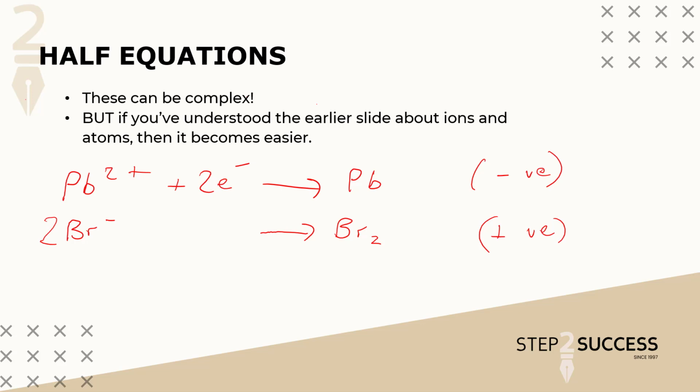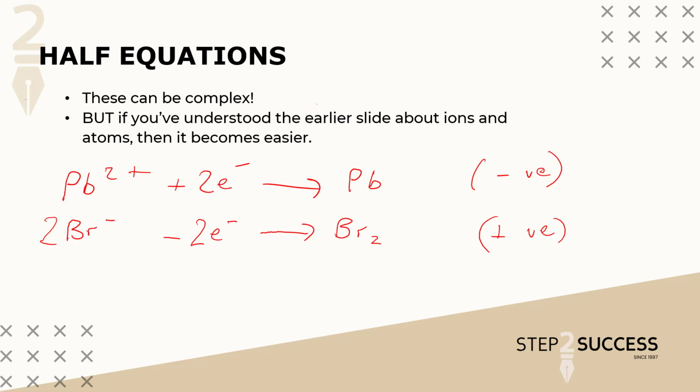Now, how does a single bromine ion go back to being bromine? How did bromine become a bromine ion in the first place? It gained an electron. So now it needs to lose that electron. But just to balance everything, it needs to lose 2 electrons. And that is the half equation that you have at the positive electrode.